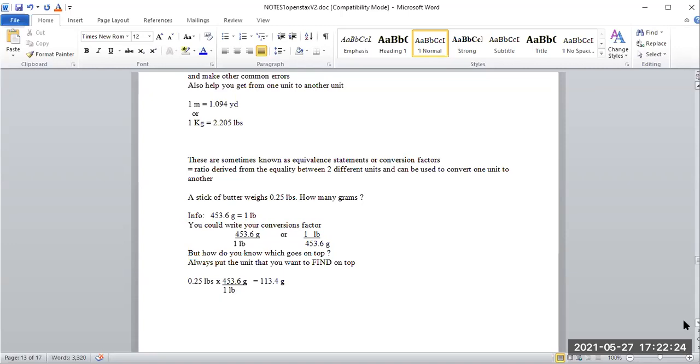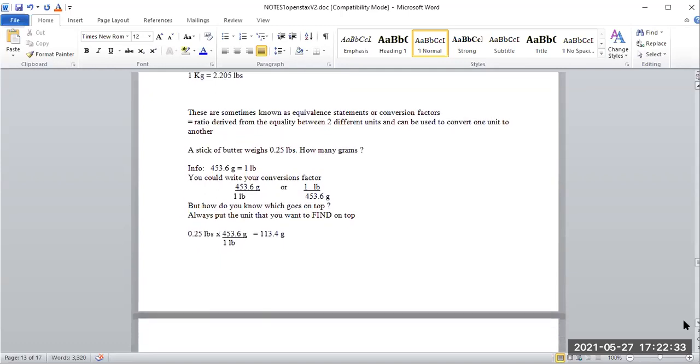So I started with my stick of butter weighs 1/4 pound. How many grams is that? My conversion unit is 453.6 grams per 1 pound. I could write it either way, but it depends upon what I'm using it for. I could either have the pound on the top or I could have the pound on the bottom.